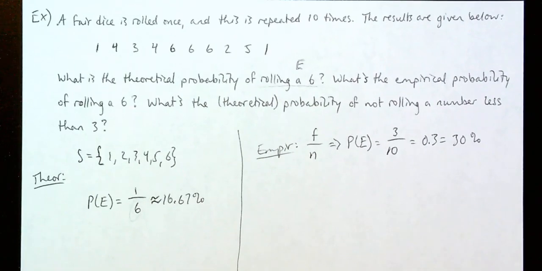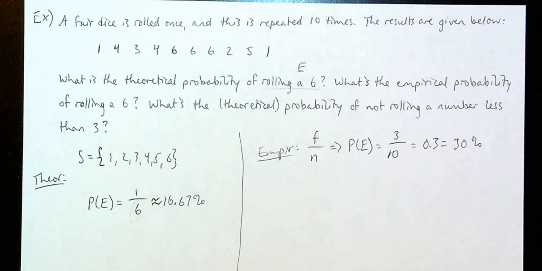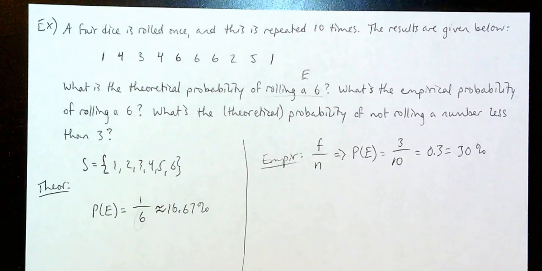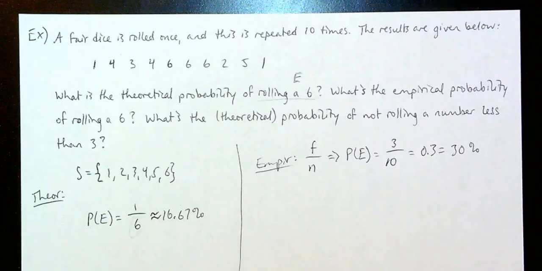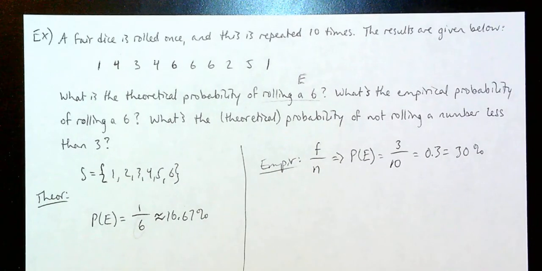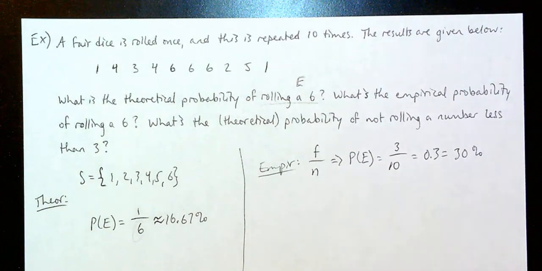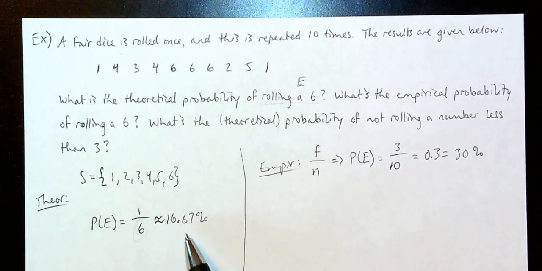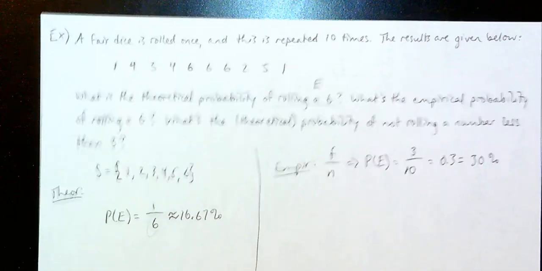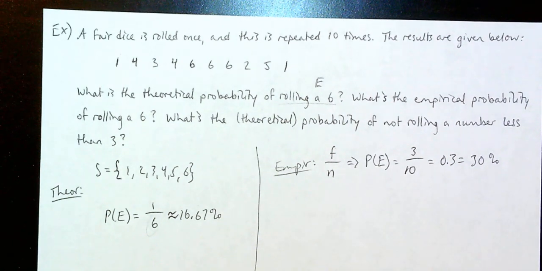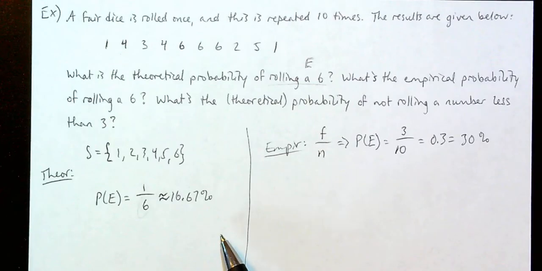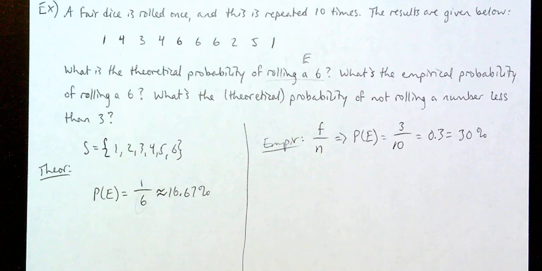So we can see here that there is a difference between these two types of probabilities. Empirical and theoretical probabilities, when you do this a finite number of times, and especially a relatively small finite number of times, you can see some significant variances or differences between the theoretical probability and the empirical probability of an event happening. 30% is significantly different from 16.67%.